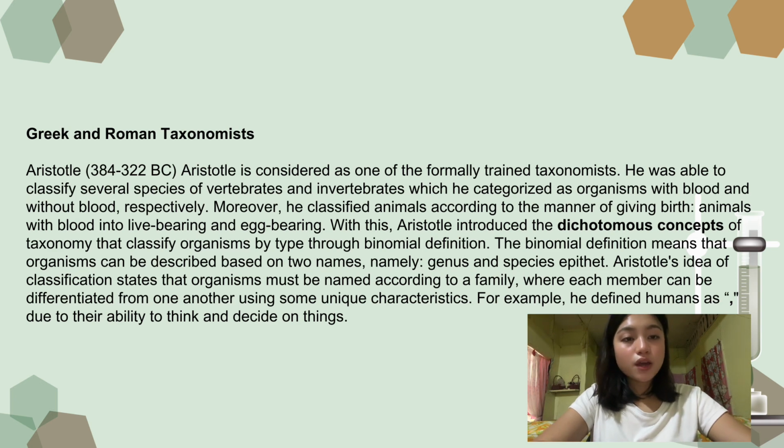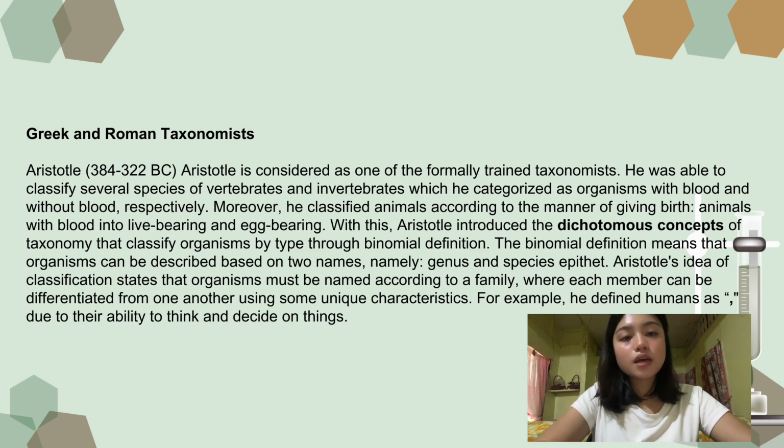Moreover, he classified animals according to the manner of giving birth: animals with blood into live-bearing and egg-bearing. With this, Aristotle introduced the dichotomous concept of taxonomy that classifies organisms by type through binomial definition. The binomial definition means that organisms can be described based on two names, namely genus and species epithet.